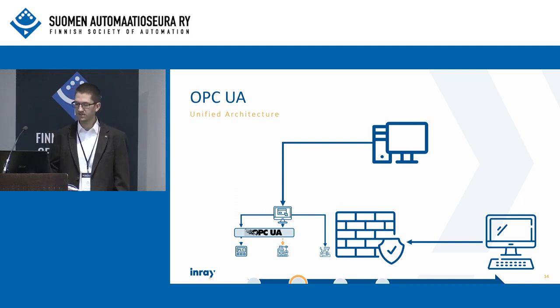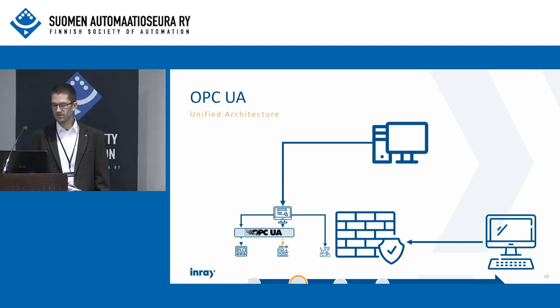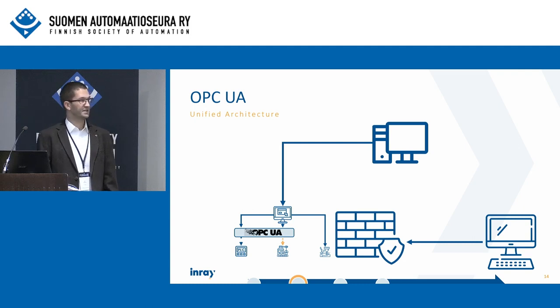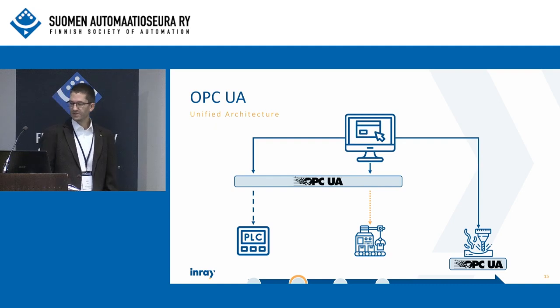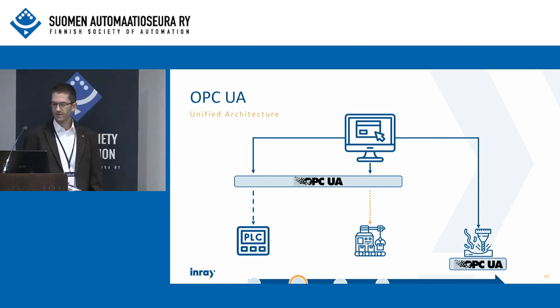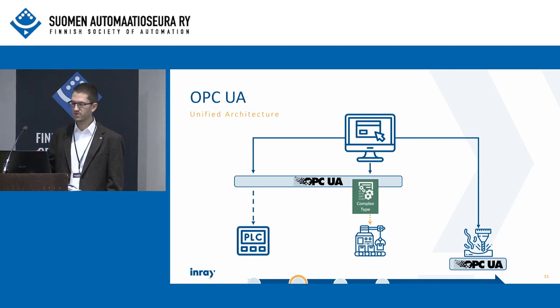It is secure by design, with certificates ensuring authentication and authorization. Besides that, OPC UA provides the capability to create complex data types, entities, events, method calls, and so on, so you are able to design your semantic data model.